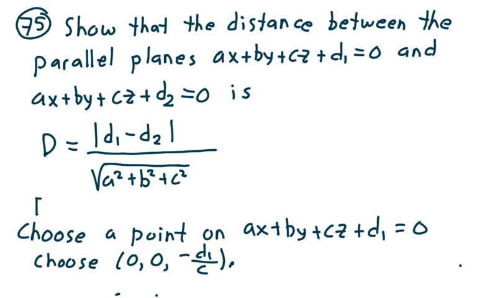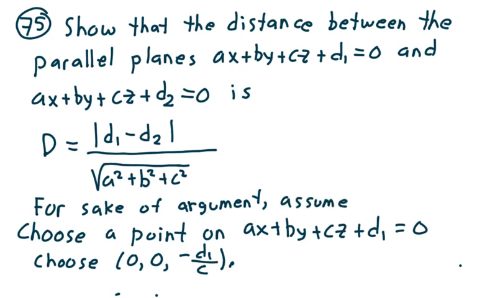Okay? For sake of argument, assume C does not equal 0. Now, for the record, it is possible for C to be 0. If C is 0, then either A or B cannot be 0.